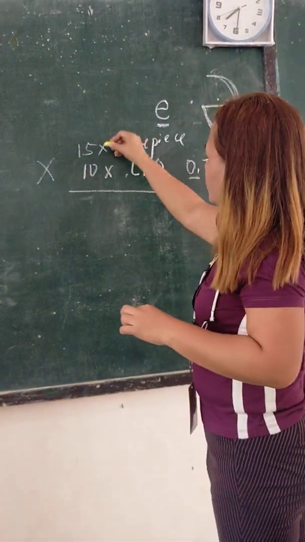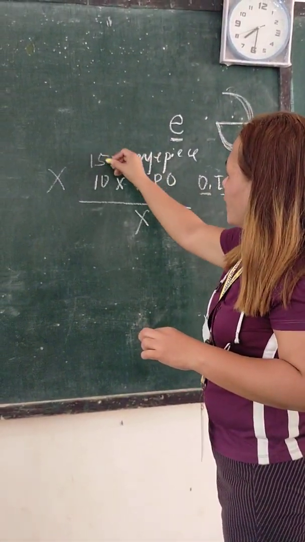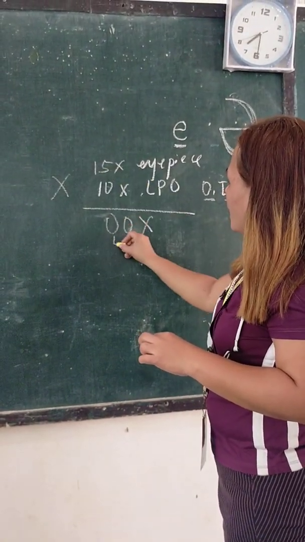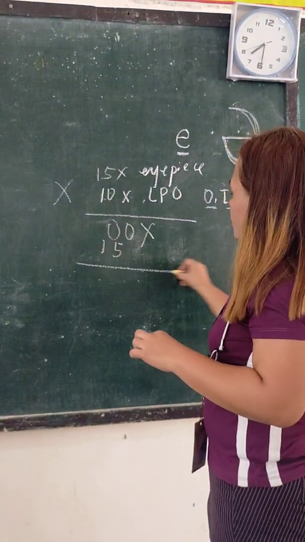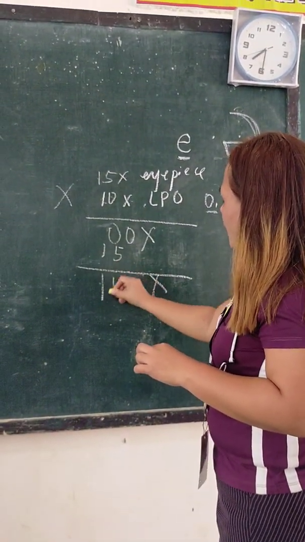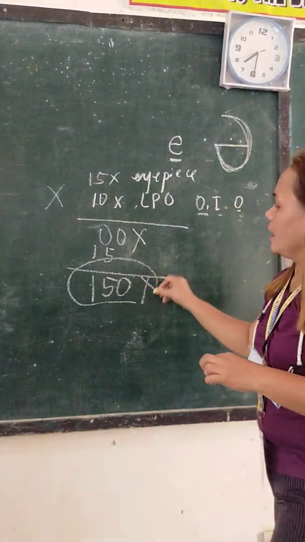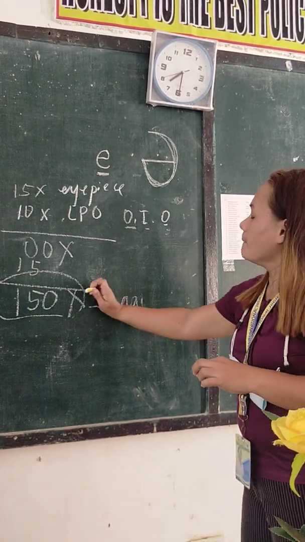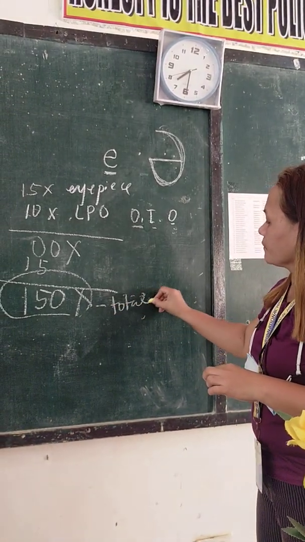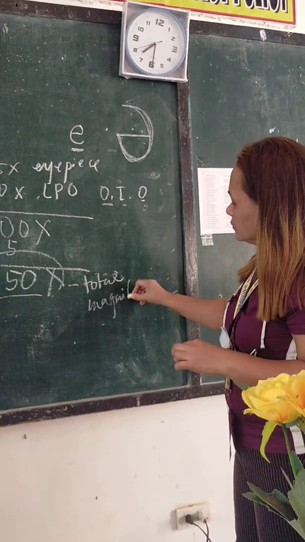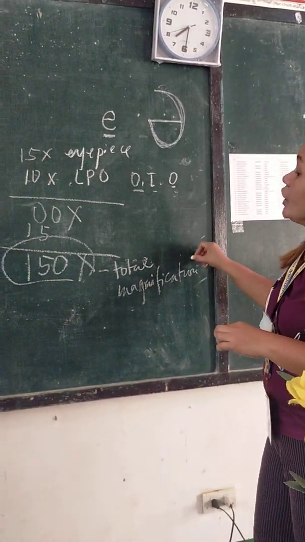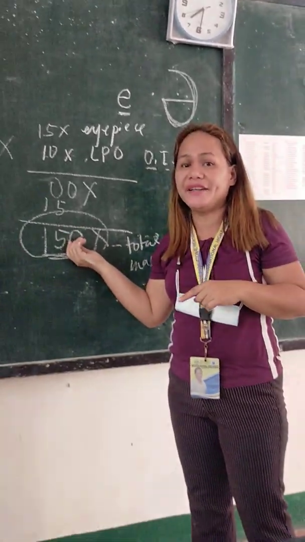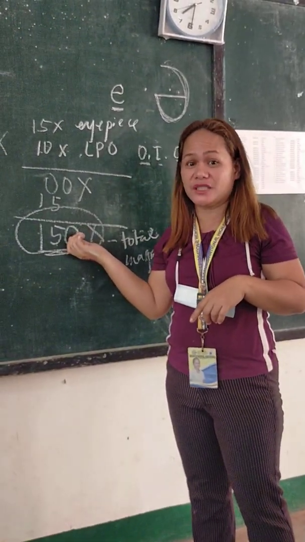Multiply that, and you have now 100 times. This is your magnifying power, or the total magnification. Meaning, you just enlarge your sample up to 100 times.